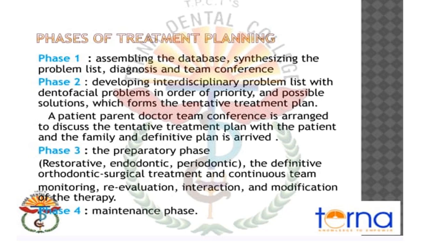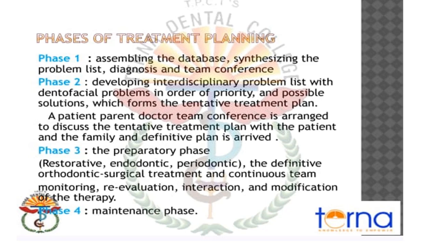And then we should go for the treatment planning, and there are different phases of treatment planning. In phase 1 we should synthesize the problem list, assess the data and make the diagnosis. And then in phase 2 we should discuss the problem with a multidisciplinary approach and determine a tentative treatment plan.